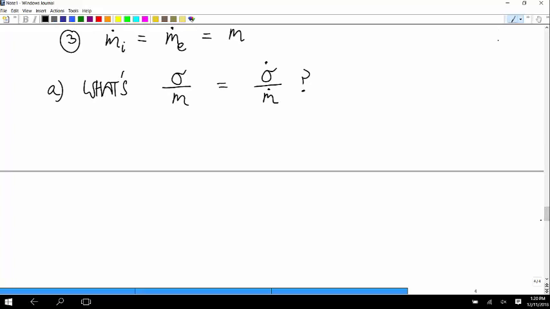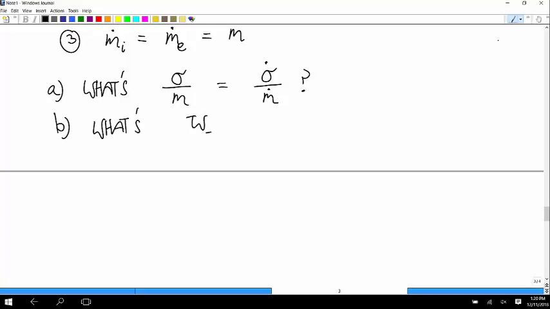And then second, what's the work done over m, which is equal to w dot over m dot. Okay, well, we're going to use the control volume equation.